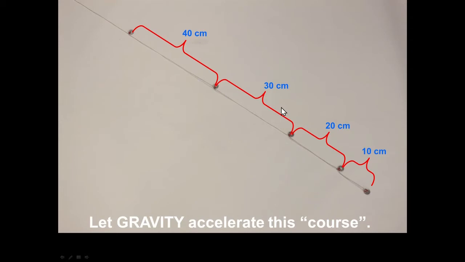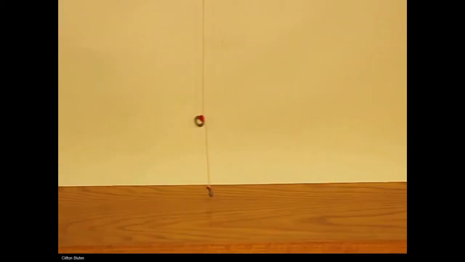If gravity accelerates that uniformly, it should hit the ground in equal periods of time. So the time it takes these two to hit and the time it takes those two to hit and those two and that one, if they hit in equal periods of time, it was accelerating uniformly. So let's take a look at that here.